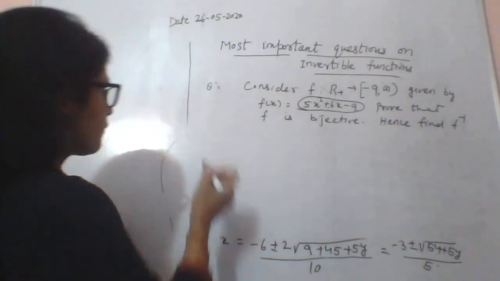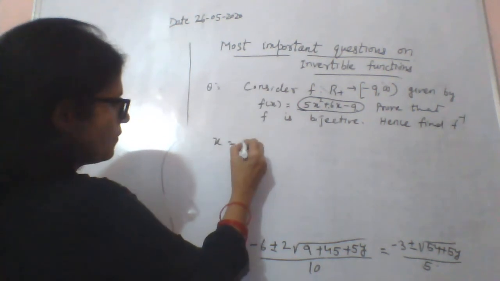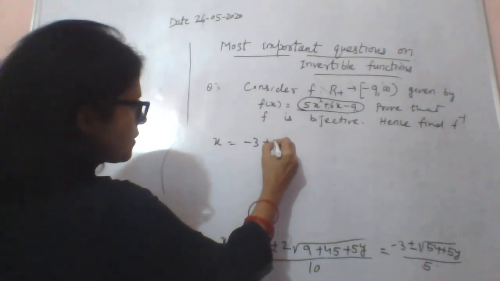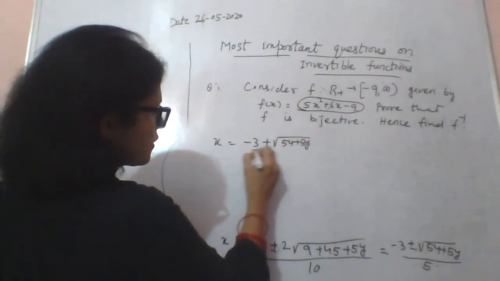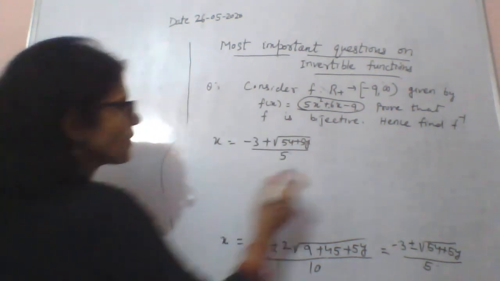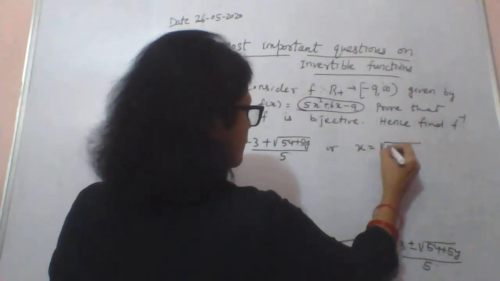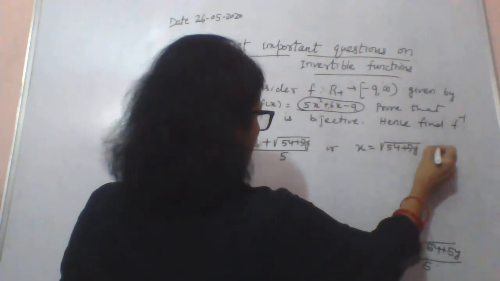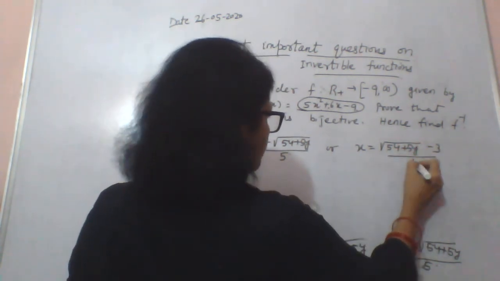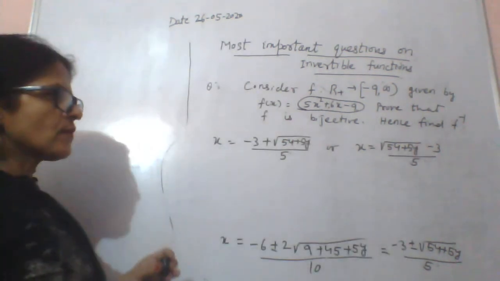Considering one value, we have x equal to minus 3 plus under root 54 plus 5y, divided by 5. Or we can write x is under root 54 plus 5y minus 3, by 5. So this is our x.